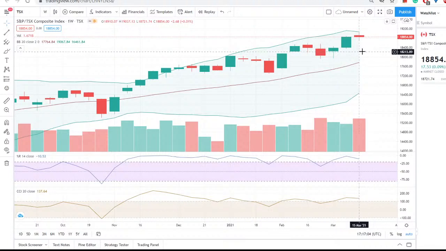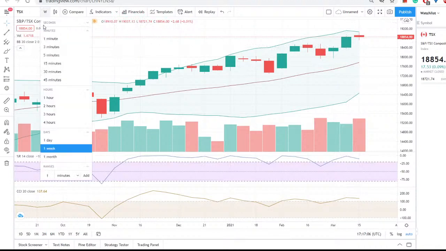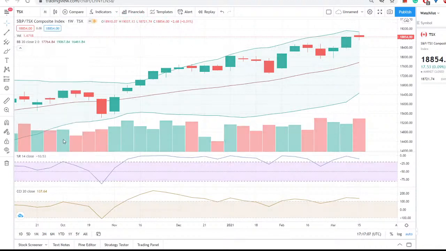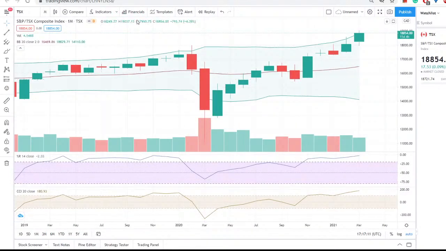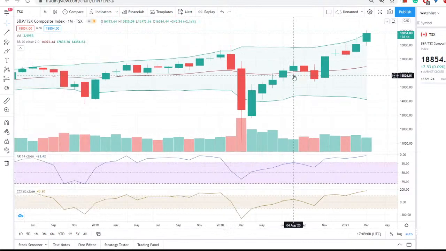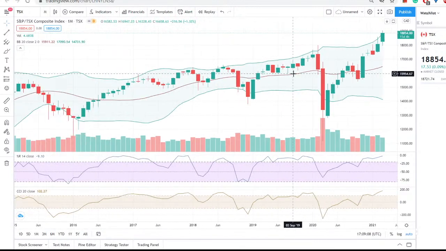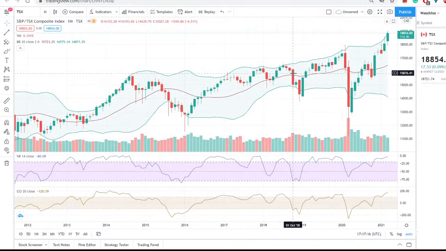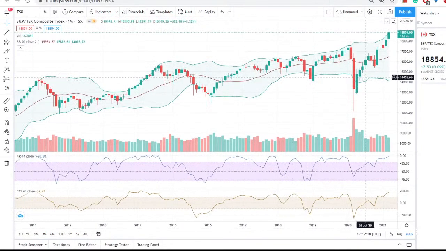Can you convert it to a monthly chart? Sure. And zoom out so that you can get a larger preview. Is this quite a periodic high? It's a periodic high. Right now, take it to weekly if you want.